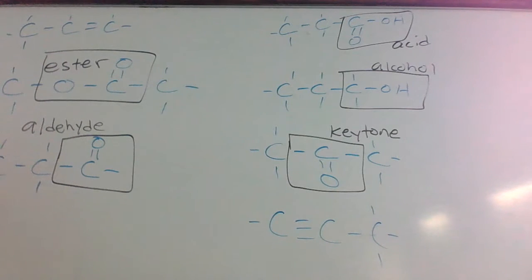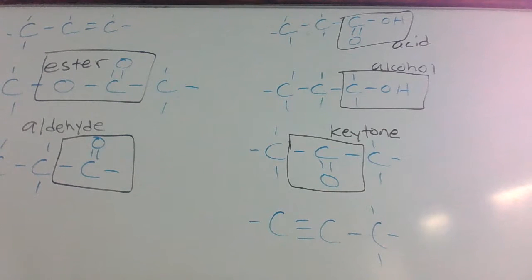Yes, your OH and double bonded oxygen have to be on the end. No, that OH can be anywhere. No, I wouldn't say draw an ether, which I didn't put up there.